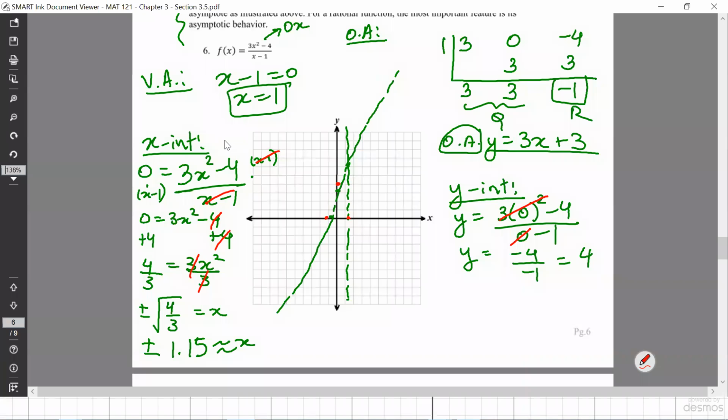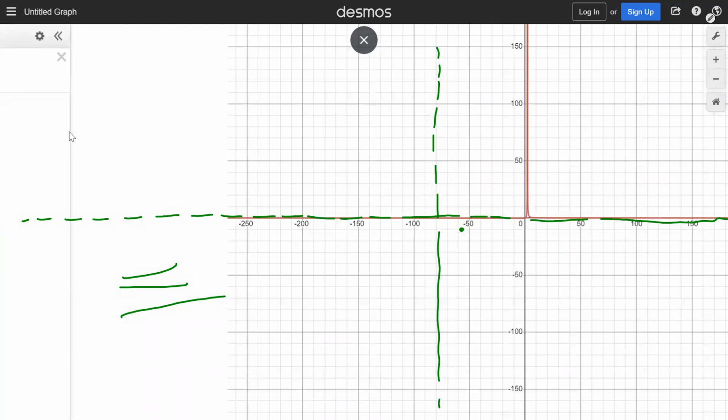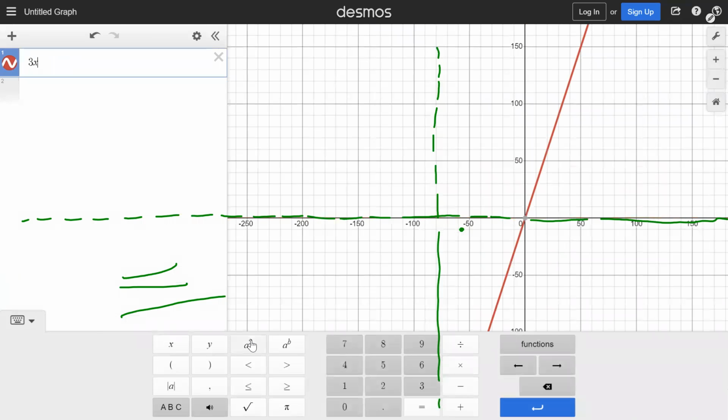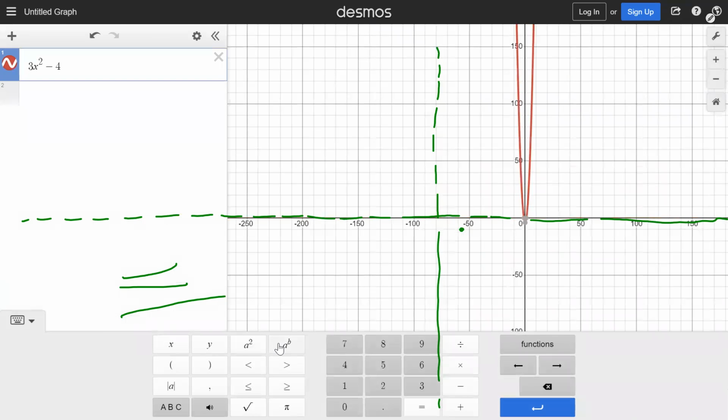Now, again, if we were graphing this by hand, then we would be selecting a few more points to try and understand the shape of this graph, but I think we've got most of the important features here, and you can probably already guess at its shape because it's going to be blocked by those two asymptotes. But just to show you over here, what did we have? 3x squared minus 4.